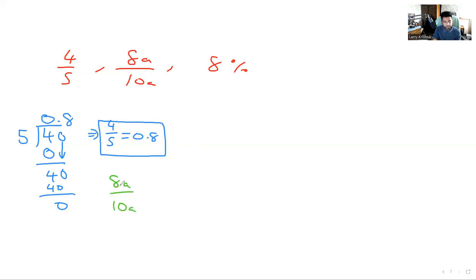Well, we're dividing 8 and 10, and we're dividing a and a. So a divided by a is just going to be 1. So these can cancel with each other. So this becomes 8 over 10. A number that goes into 8 and 10, we can just pick 2 for now. 2 into 8 is 4. 2 into 10 is 5. Okay. And as you see here, from the very first one, 4 over 5 and 4 over 5. So this is definitely going to equal 0.8.